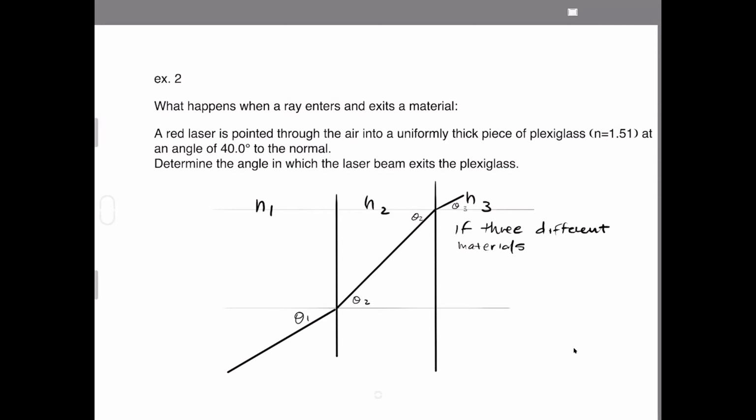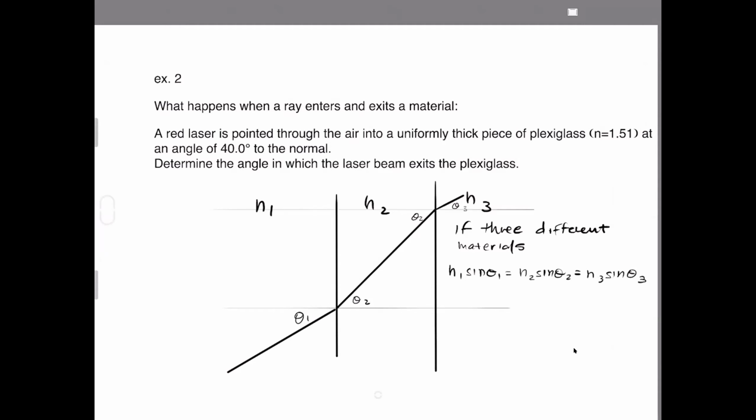Use Snell's law 3 times. N1 sine theta 1 equals N2 sine theta 2, which is going to be even further equal to N3 sine of theta 3. So you could use any of these equal to each other. You could say N1 sine theta 1 equals N2 sine theta 2.